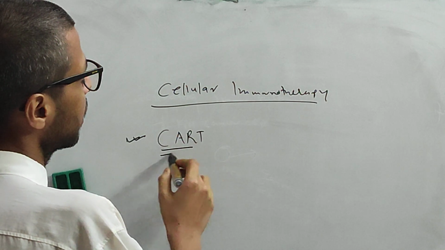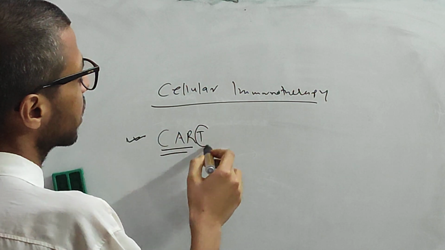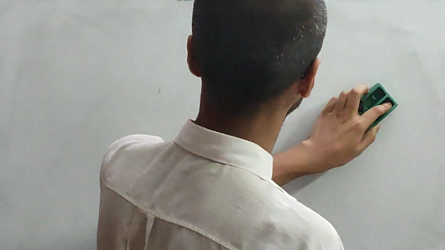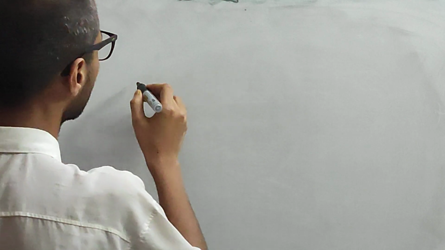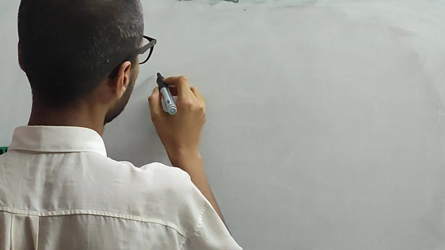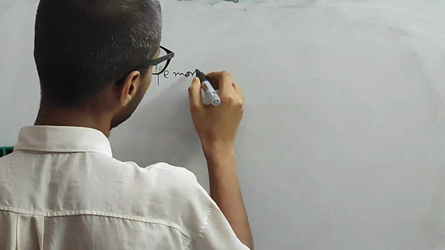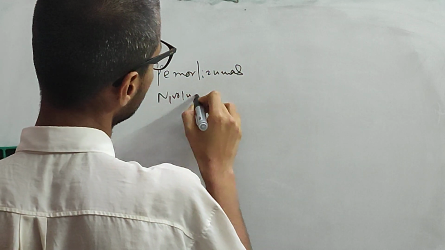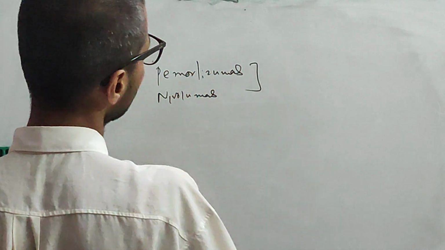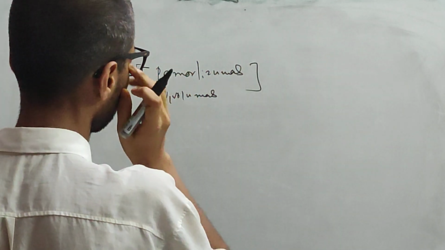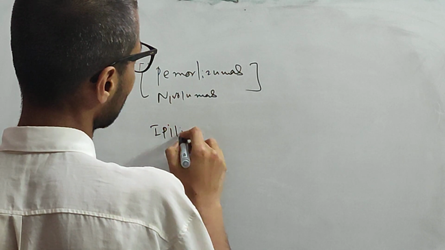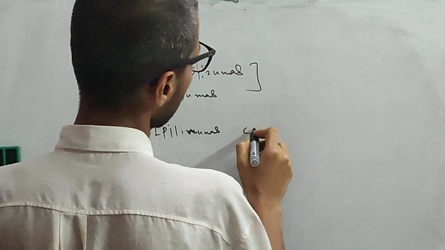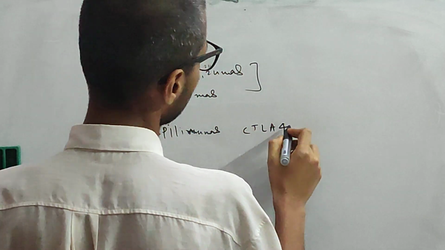They do genetic modification of this T cell. So what are the various molecules used in immunotherapy? Pembrolizumab and nivolumab target the PD ligand interaction. Ipilimumab targets the CTLA-4 interaction.